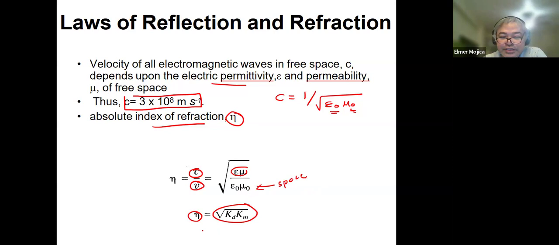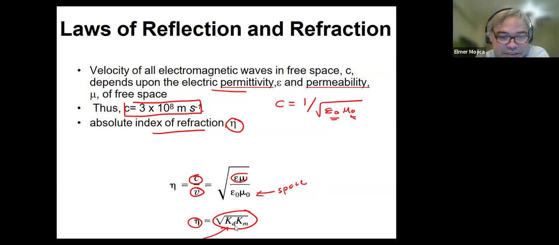Now, what do you call this? KD. Anyone? I think you encounter it in other parts of instrumental analysis. What is usually KD?